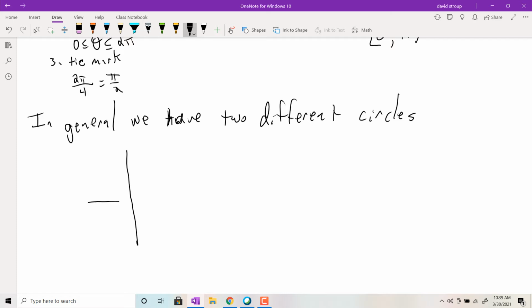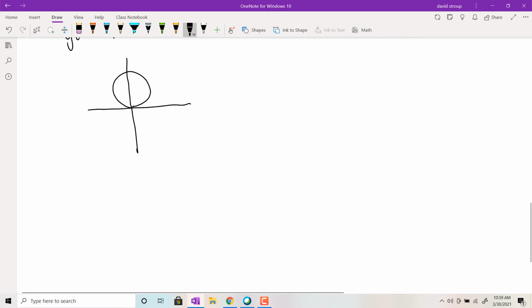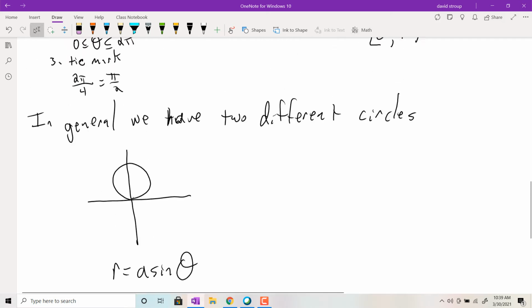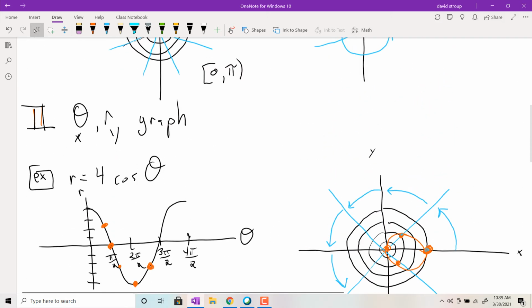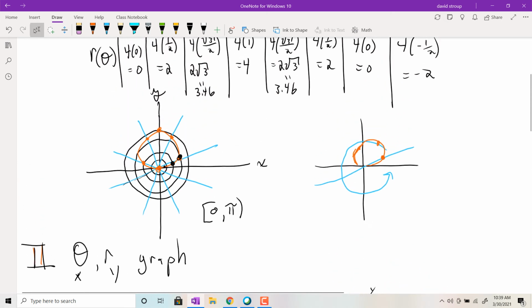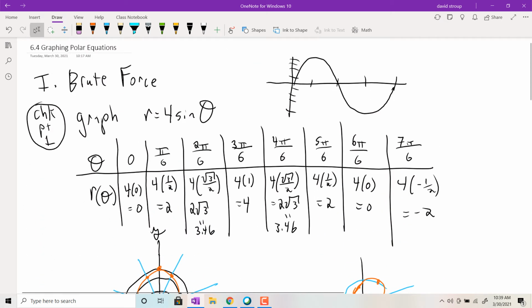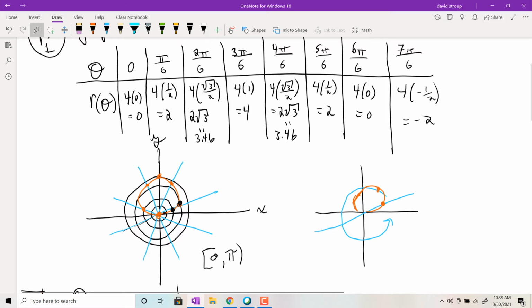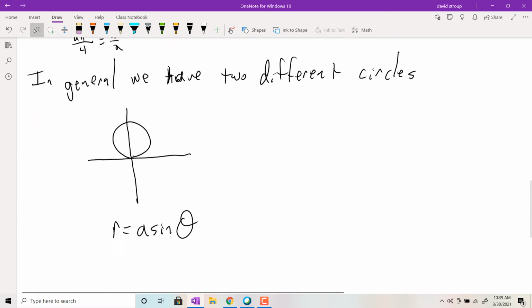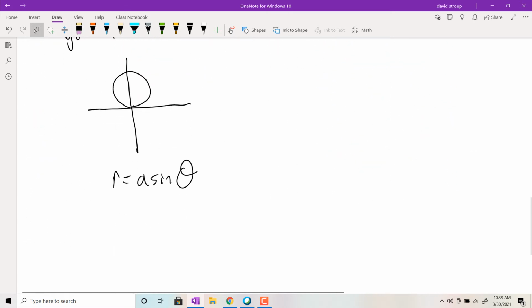The first one we saw above was the sine version, which always looks like this. R equals A sine theta. And the A, you may think, well, does that turn out to be the radius? That's actually the diameter. Okay, so up here, 4, you could see is the diameter going straight across the circle here. Okay, so A would be diameter.